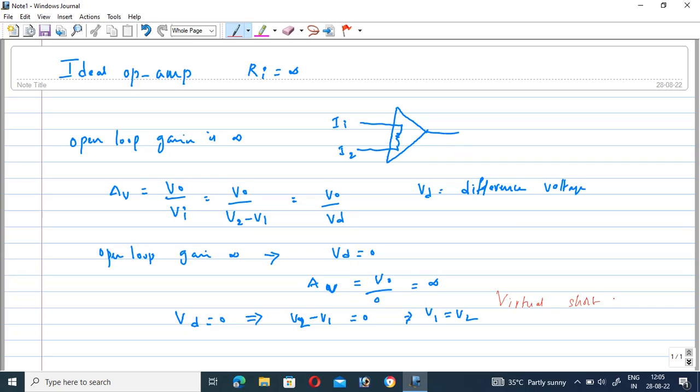Coming to the inverting amplifier, let us see the circuit diagram for the inverting amplifier.